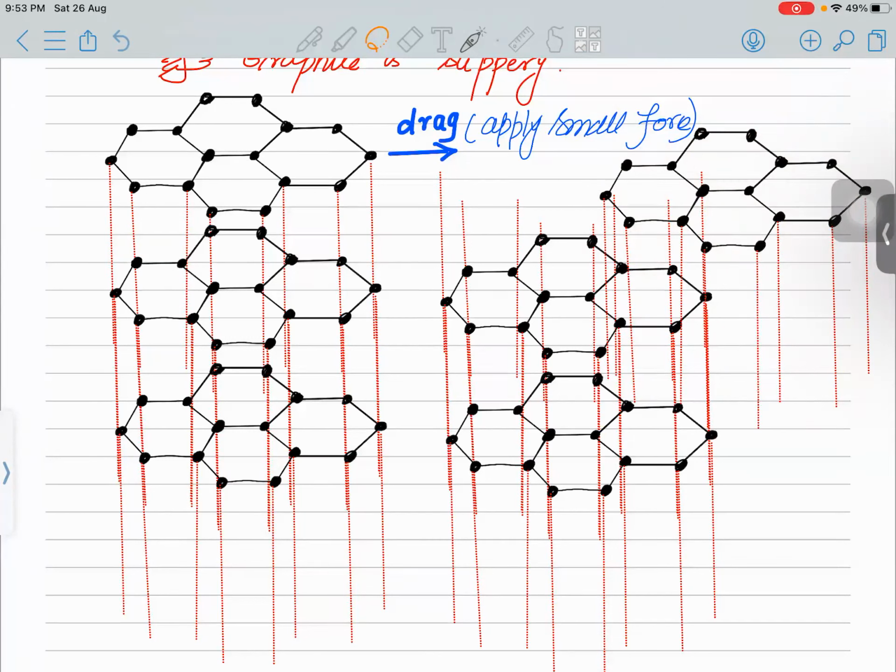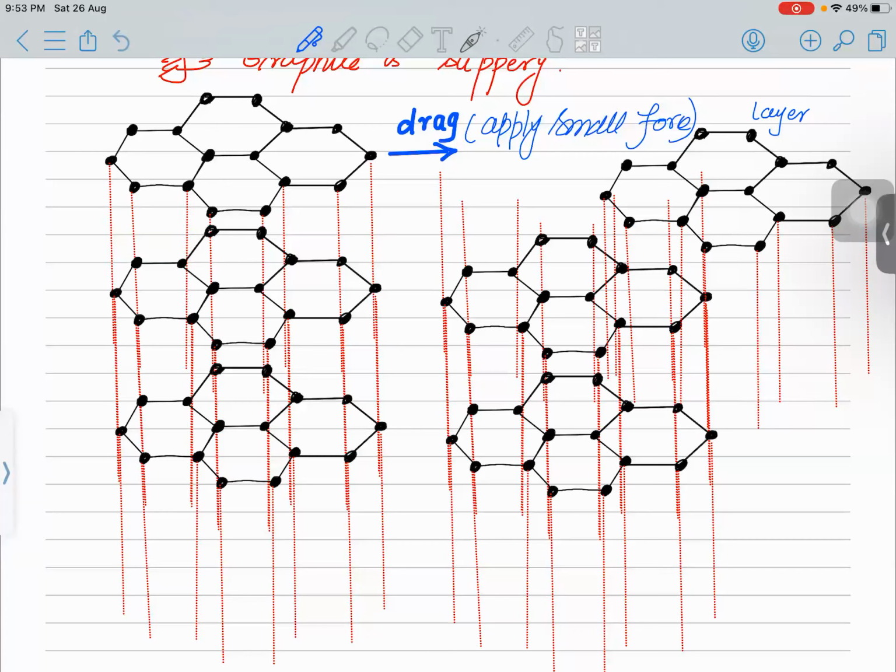Are you getting my point or not? Yes, because it is layered, when you apply force, the layers move. That's why it is very soft. You can write with graphite.